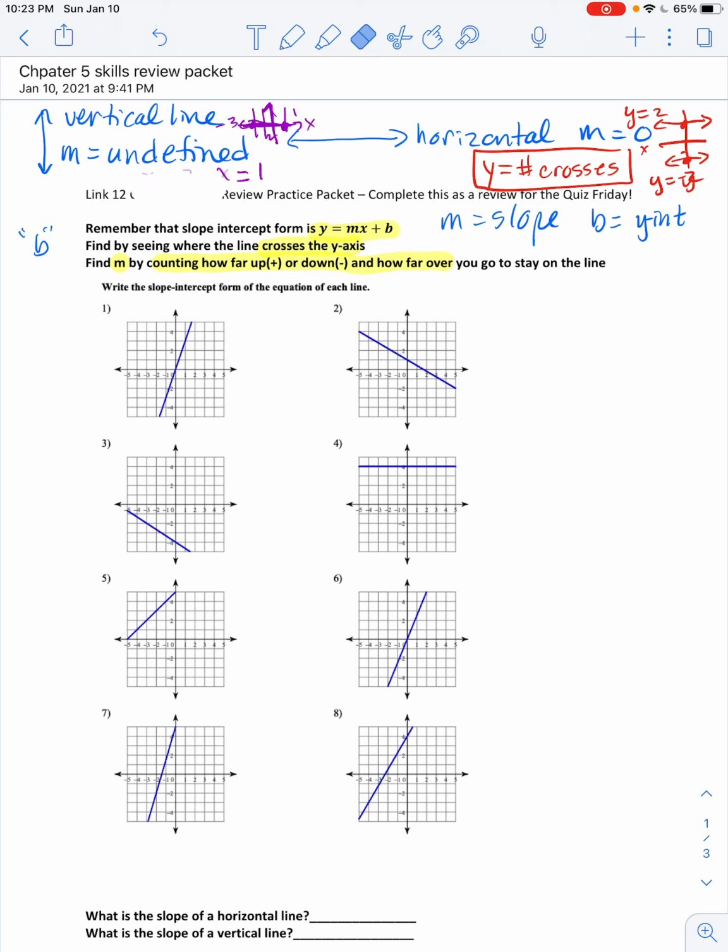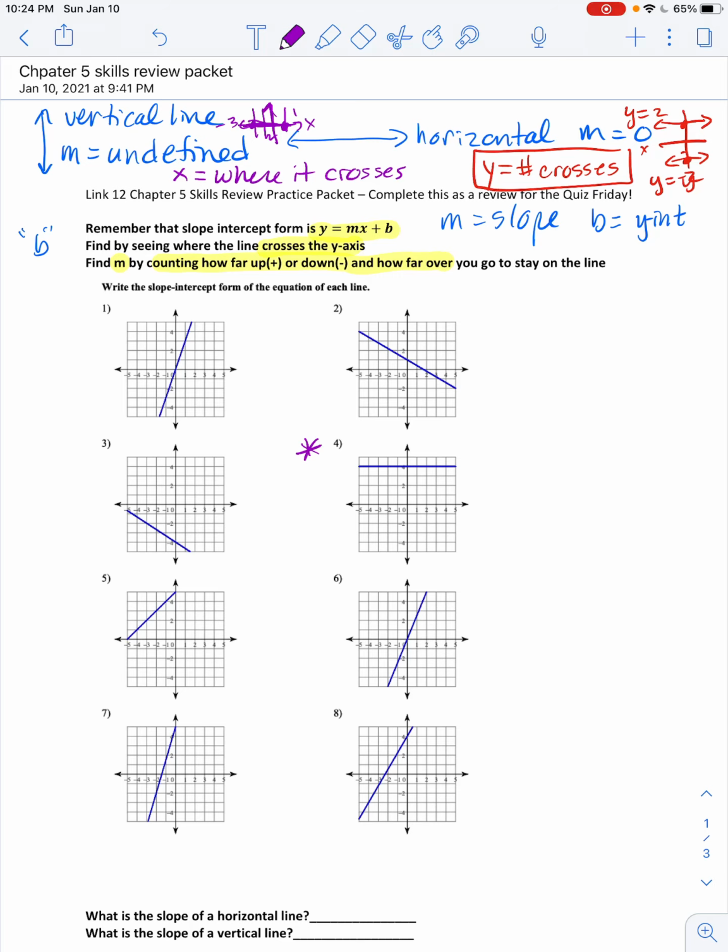Just like the horizontal, you say which axis it crosses, which is x, and then equals where it crosses. That's going to come up here in number 4, so think about that when you get to it.